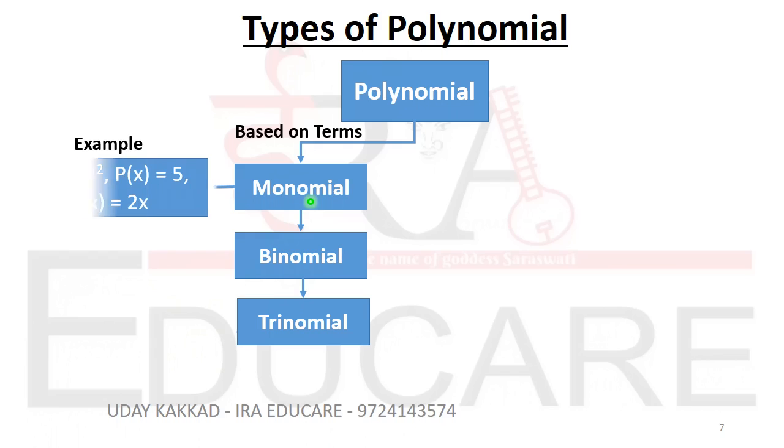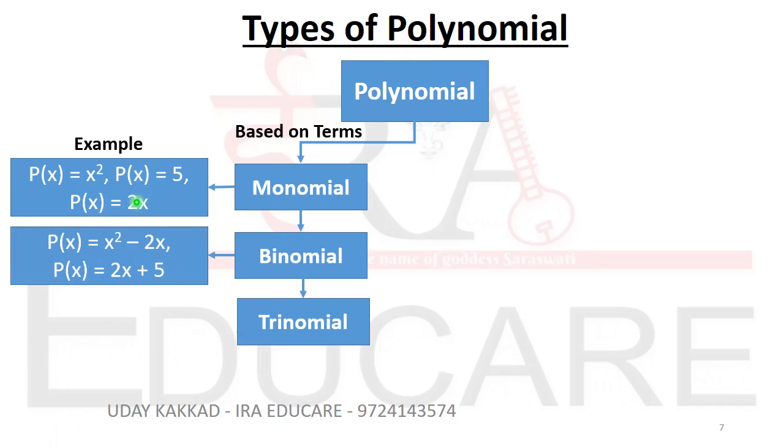Monomial means 1: if a polynomial has only one term, for example p of x equals only x square, only one term is there, right? This is a constant polynomial 5, this is 2x. In all these polynomials there is only one term, so it's called a monomial, right? Now in binomial, bi means 2, so they have two terms, such as x square minus 2x, 2x plus 5. So this is an example of a binomial, which has two terms.